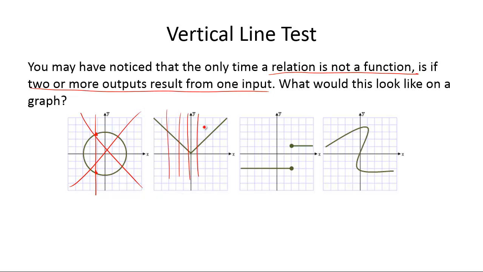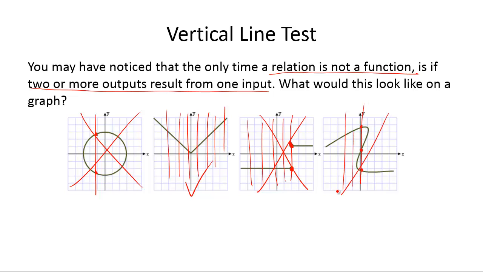This one here, all the vertical lines check, it's fine. Here, all the vertical lines check except for this one spot where there are 2 points for one input. So it's not a function. And here, this is fine up till there, and then you actually have 3. So it's not a function.